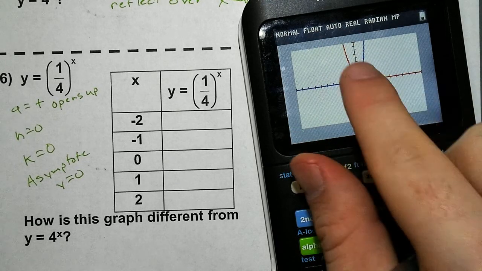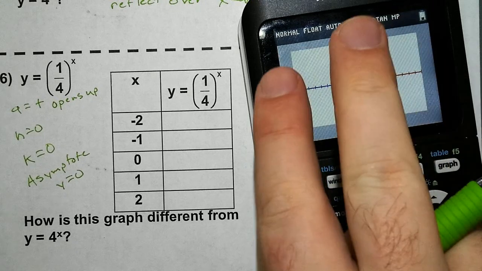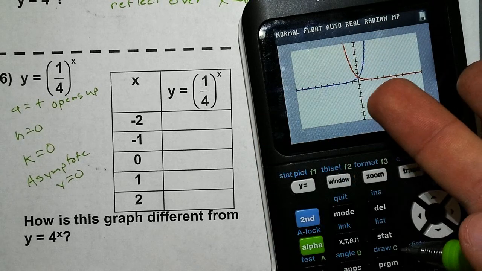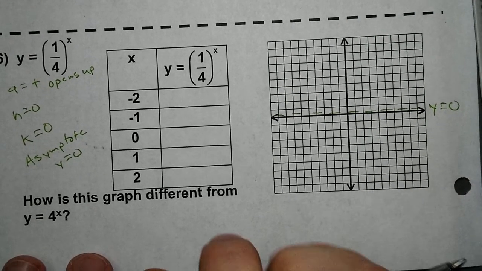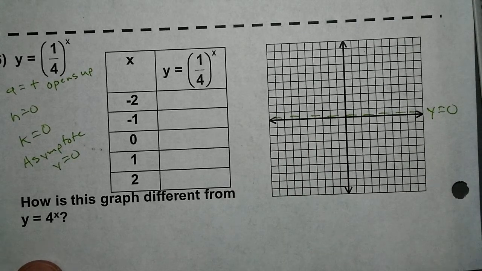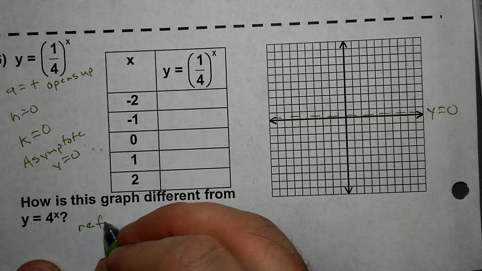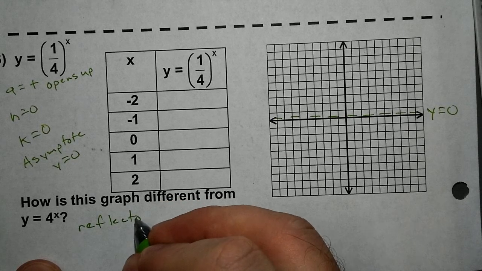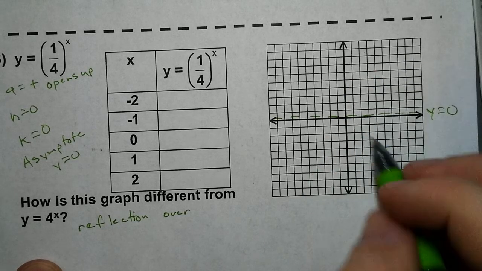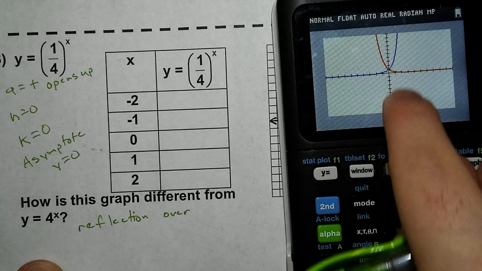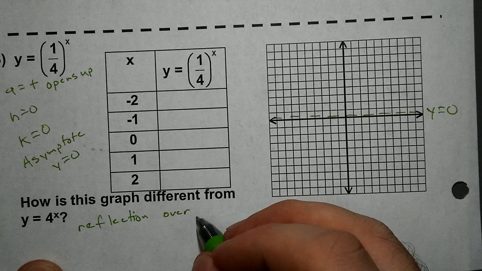There's our red one. So all it did is it looks like it took this and it flipped over there. That's called a reflection. So this is now a reflection over, not the x-axis, but it goes over the up and down axis called the y-axis.